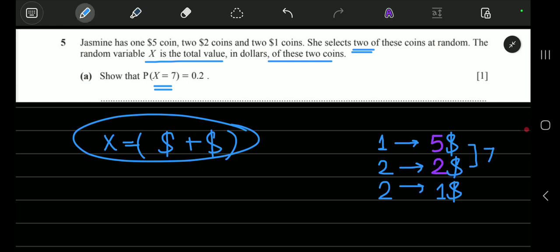Okay, so we need to find the probability for x equals 7. Which two possible scenarios do we have?